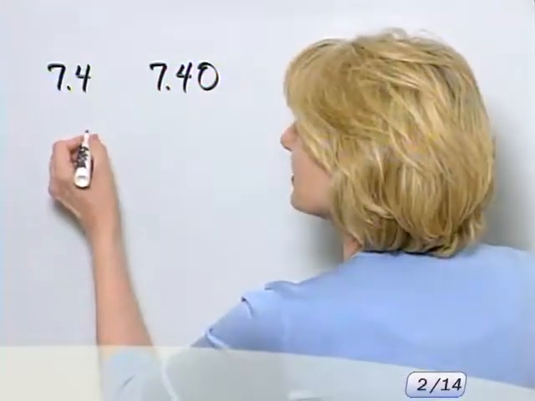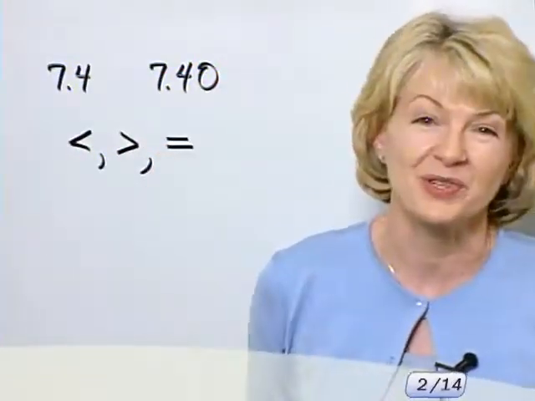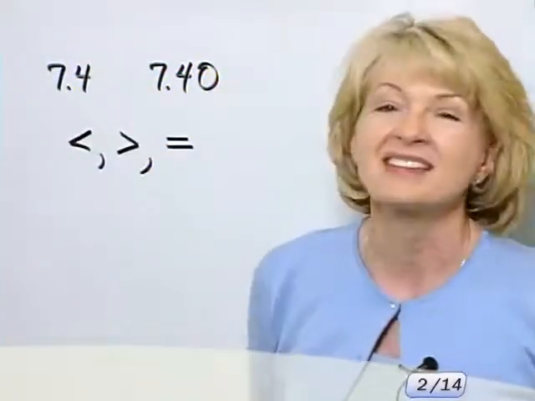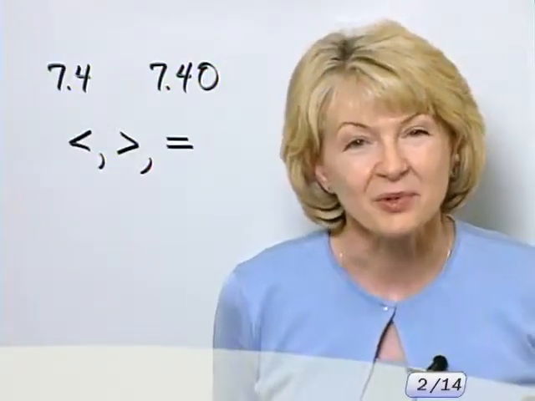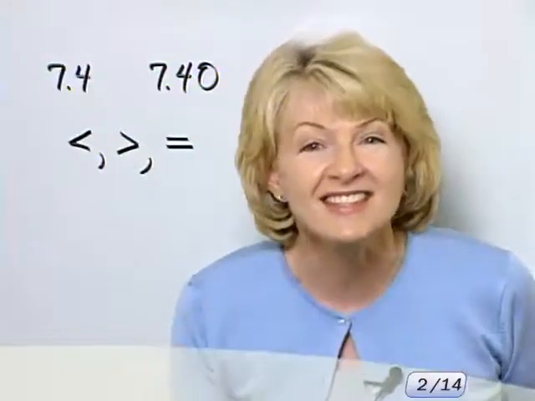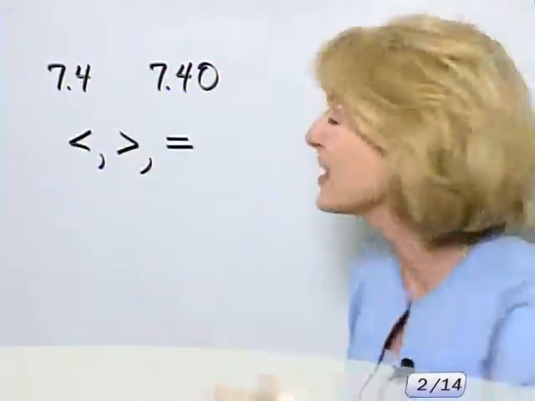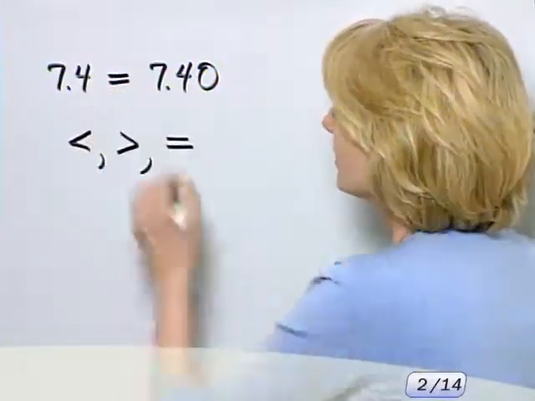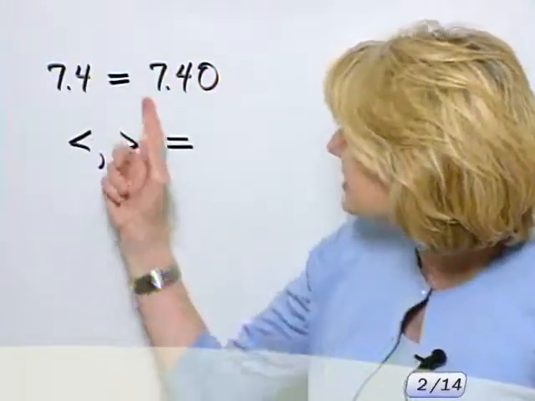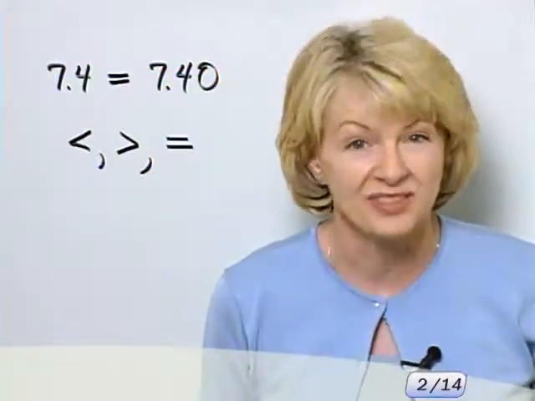And I'll use less than, greater than, or is equal to. Which symbol makes this a true statement? Well, 7 4/10 is the same as 7 40/100. Since they are the same, I place in that spot the symbol is equal to, and now we do have a true statement.